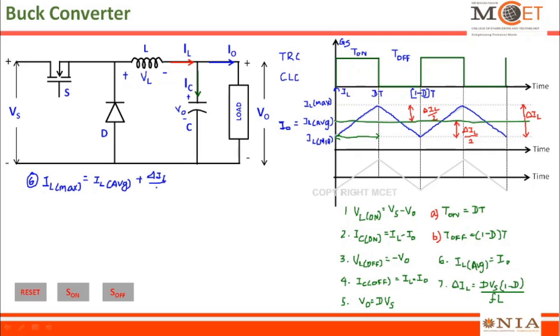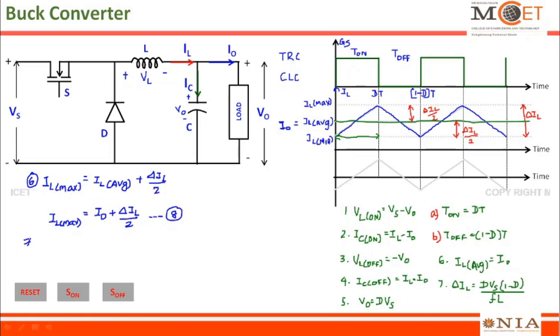But this IL average is nothing but I0, the load current. So ILMAX, I can write as I0 plus delta IL by 2. This is taken from this waveform. Let it be expression number 8.